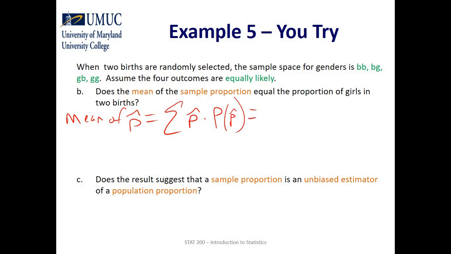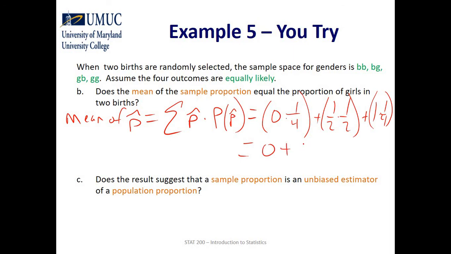The proportion value of the first one was 0 times 1/4, that was the probability, plus the proportion of the second one was 1/2, and the associated probability was 1/2, and the third one was 1, and the associated probability was 1/4. So this gives us 0 plus 1/4 plus 1/4, which is 1/2.